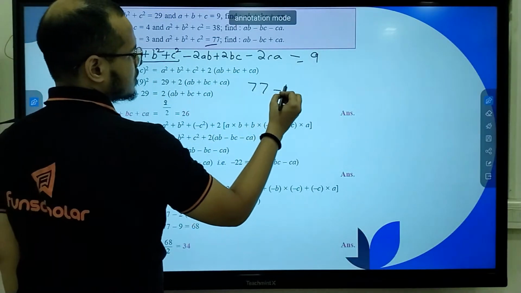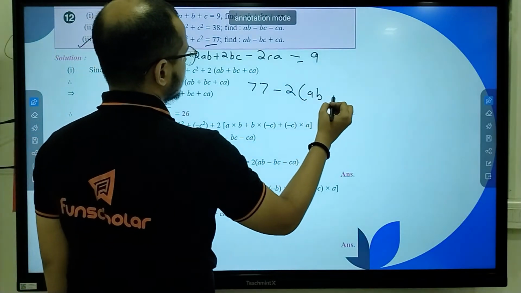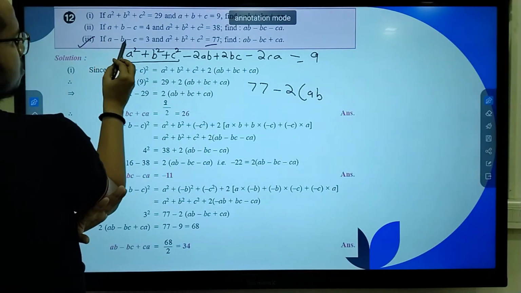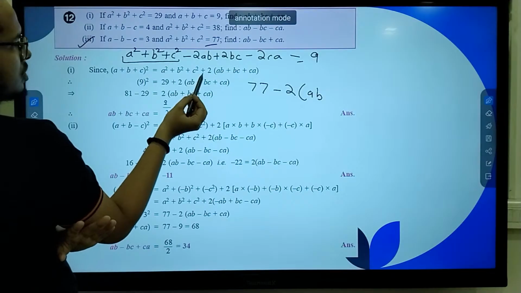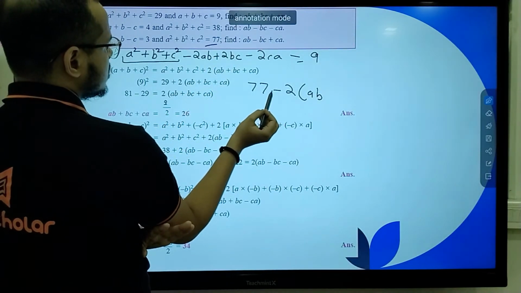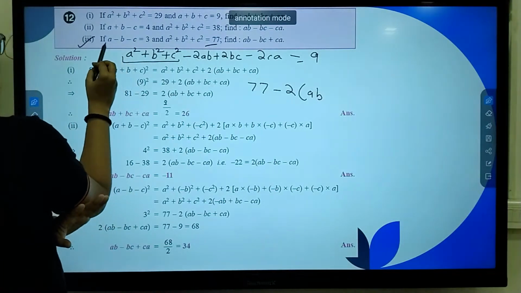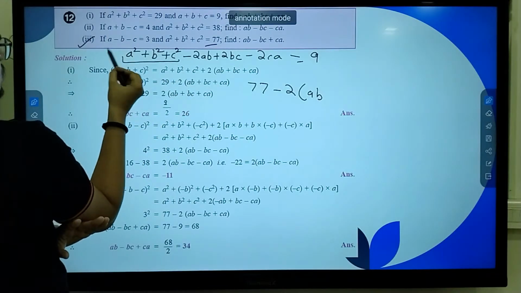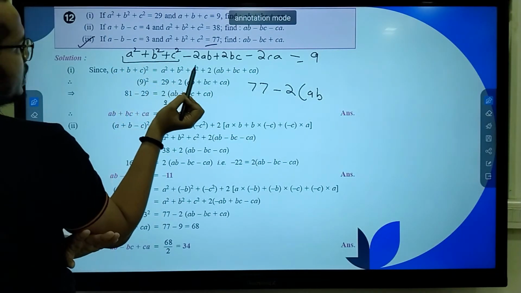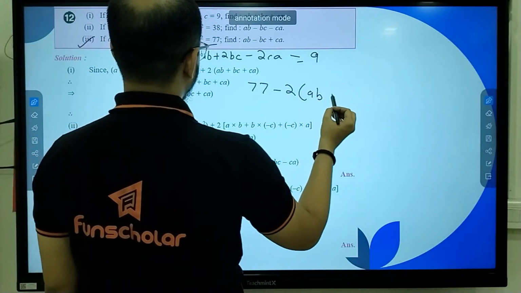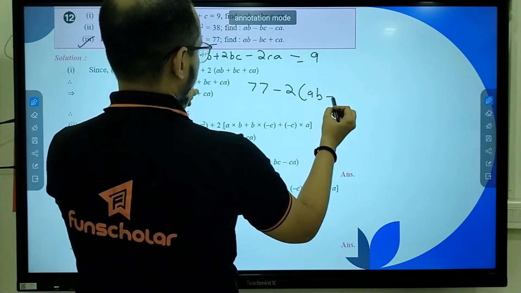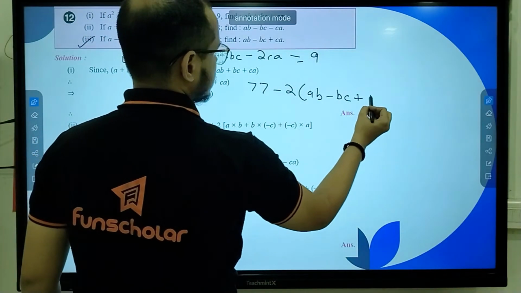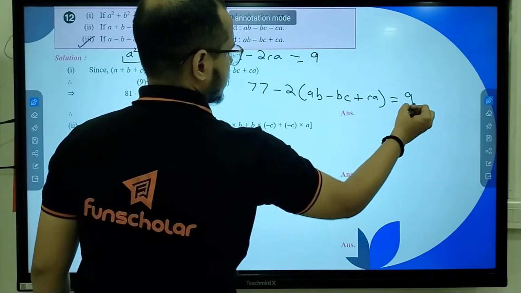77 minus 2AB, minus 2 here, if it's plus 2, 1 second. AB minus AB plus 2BC plus 2BC minus 2CA. So AB minus BC plus CA is equal to 9.